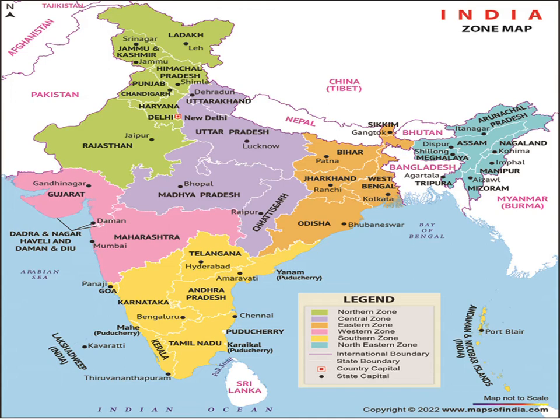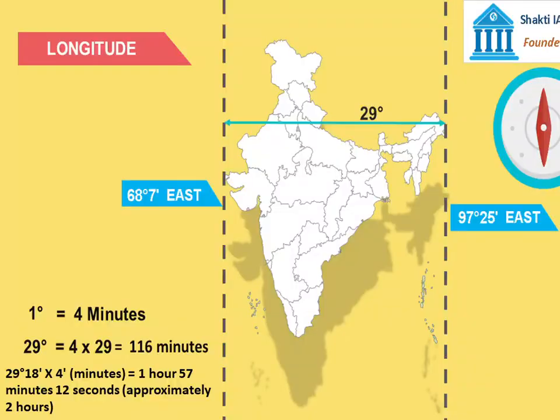You please correct this. Okay, now we are going to see why we have Indian Standard Time. This is the westernmost longitude in Gujarat, and this is the easternmost longitude in Arunachal Pradesh, and we have the longitude difference. If you subtract this number from this, approximately you will have a 29-degree difference.